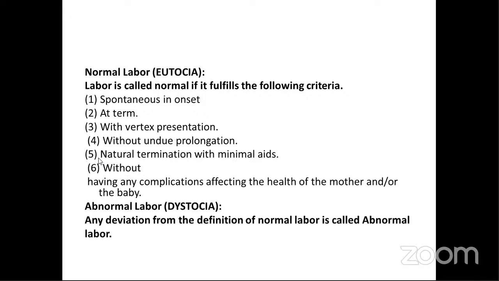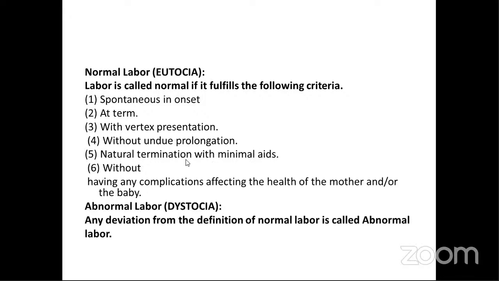Then the fifth criterion is natural termination with minimal aids. That means we do not use any special assisting instruments. For example, forceps or vacuum are not used in normal labor. So when we use them, we don't call it a normal labor.